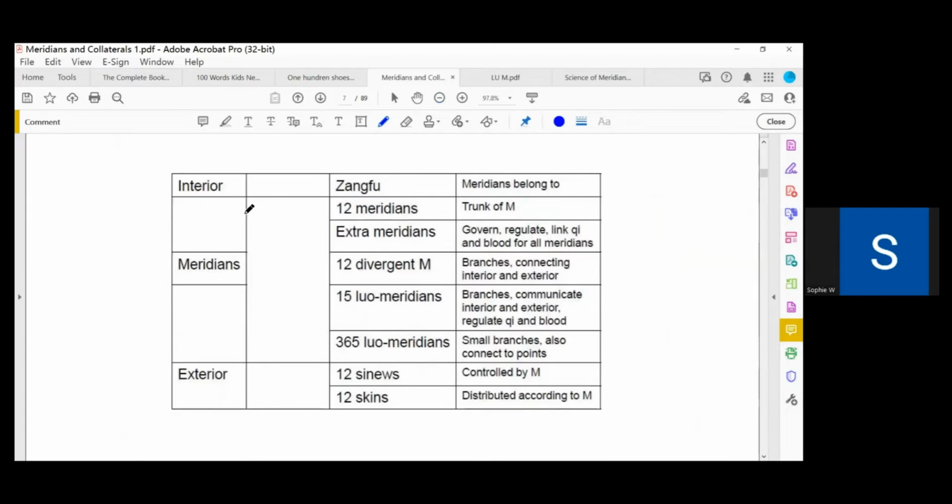Here we talk about the superficial level and the deep level, more interior. The deepest level is the zang organs. The meridians belong to these zang organs. In TCM, how many zang organs do we have?